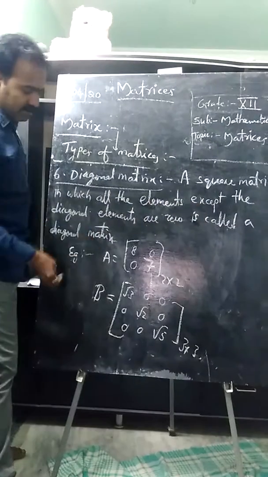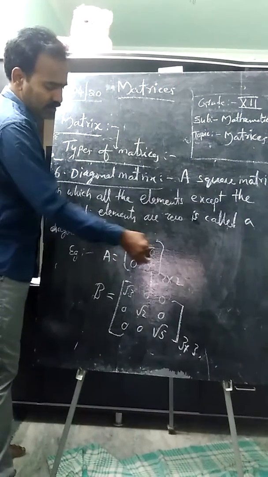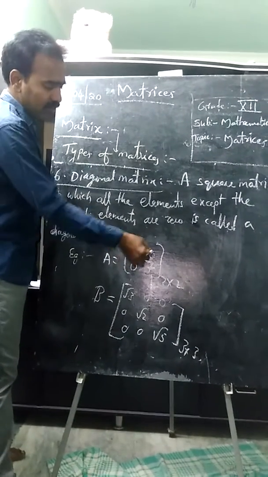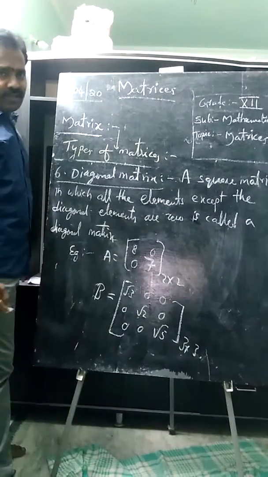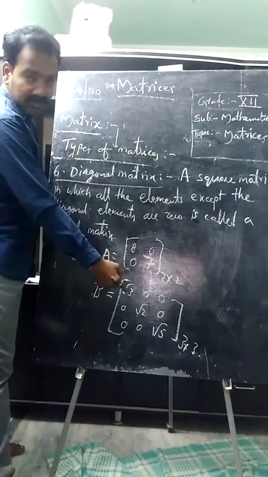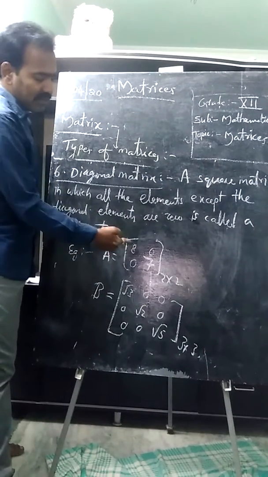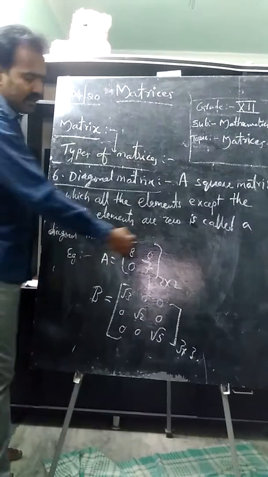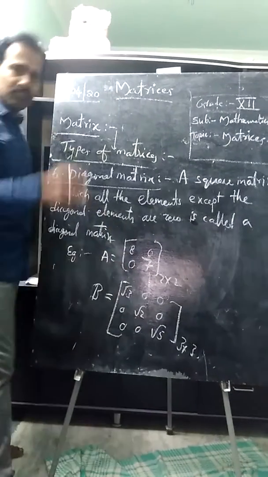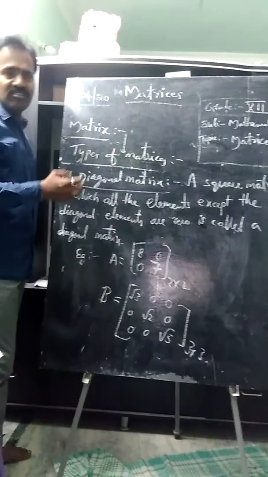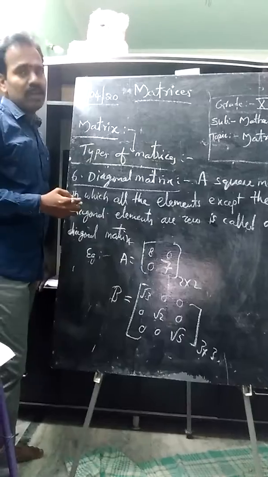Means other than diagonal elements, the rest are zeros. Yes, A, B are given. These two are square matrices which contain diagonal elements other than zeros and the rest of the elements are zeros. Elements means the numericals or algebraic terms are called elements.